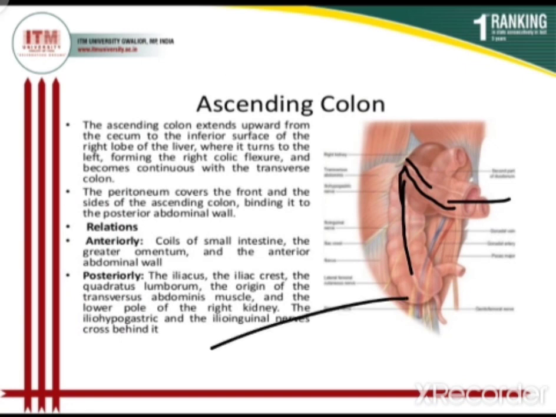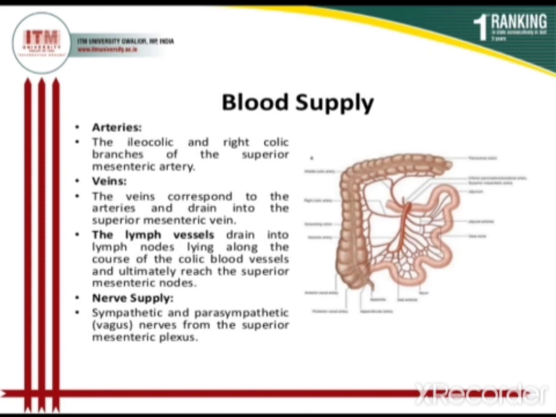Now the blood supply of the ascending colon. Arteries: the ileocolic and the right colic branches of the superior mesenteric artery. The veins correspond to the arteries and drain into the superior mesenteric vein. The lymph vessels drain into the lymph nodes lying along the course of the colic blood vessels and ultimately reach the superior mesenteric nodes.